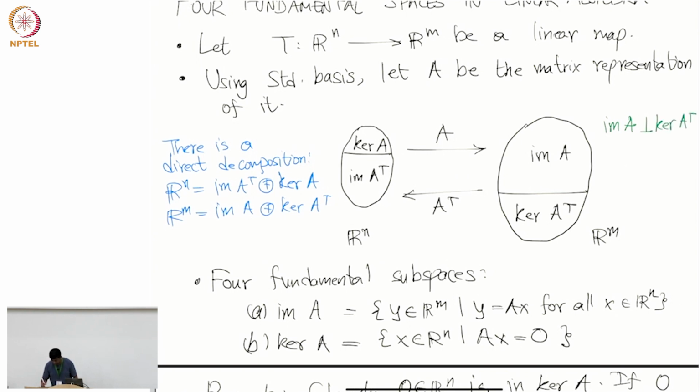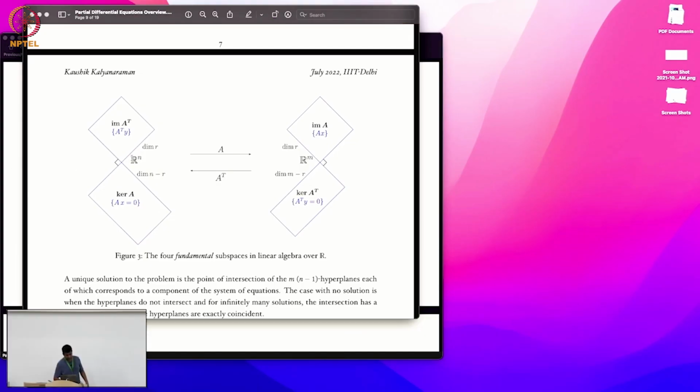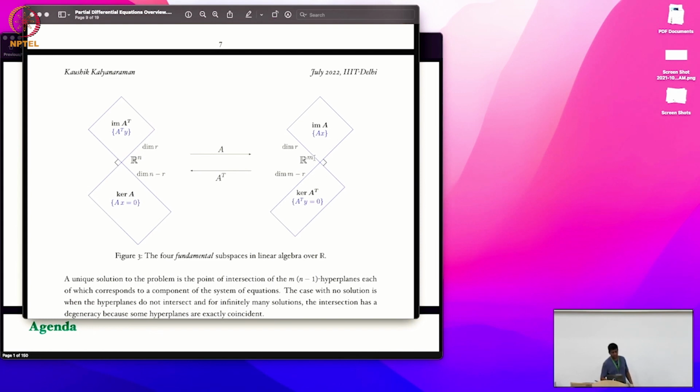In the notes, I try to show it in a slightly different way. I drew the picture a little bit differently, with a little right angle symbol between the spaces to show that these subspaces are orthogonal to each other.